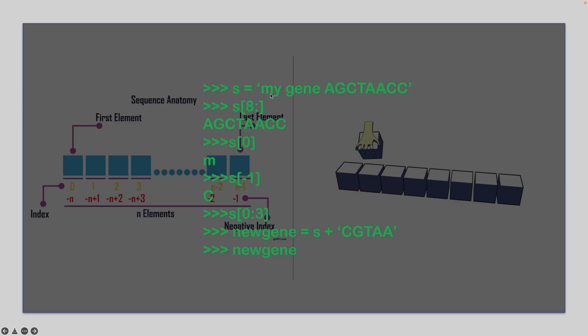What is the character at the 8th index? A. Since I haven't provided the last index in the slice syntax, it will assume till the end. So we got till the end, C. Do you get it?